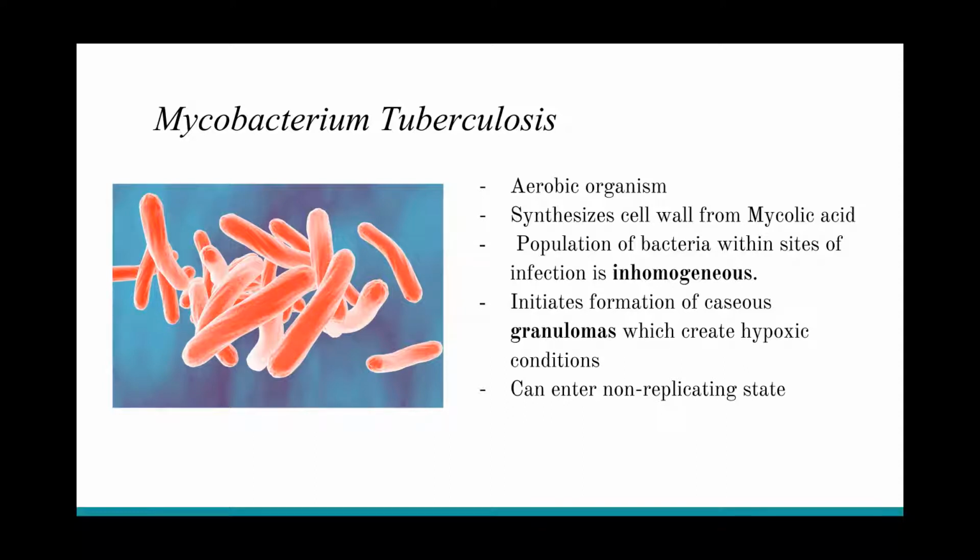The formation of caseous granulomas within lung tissue creates hypoxic conditions, which is what allows non-replicating strains to be available. It is believed that these non-replicating strains are the cause of latent bacterial infection.